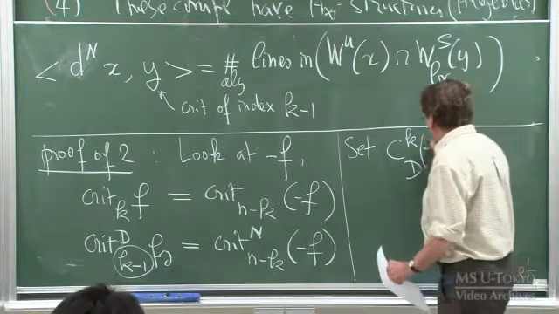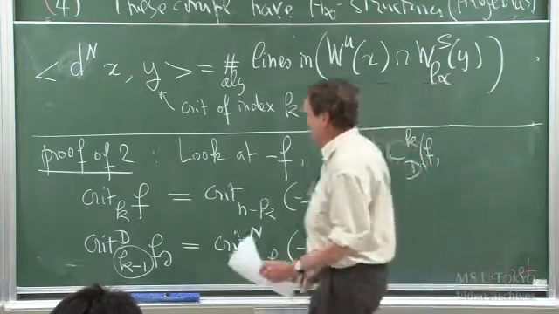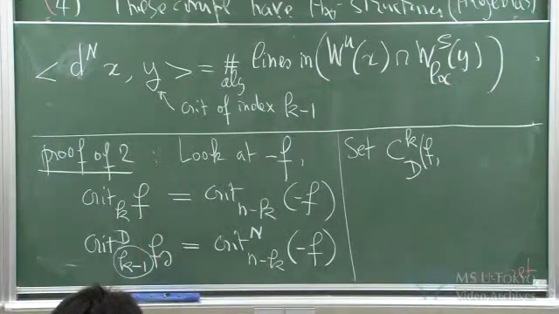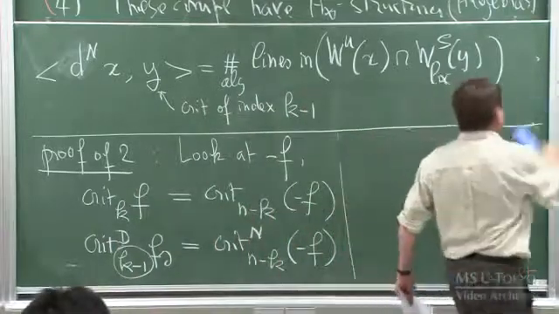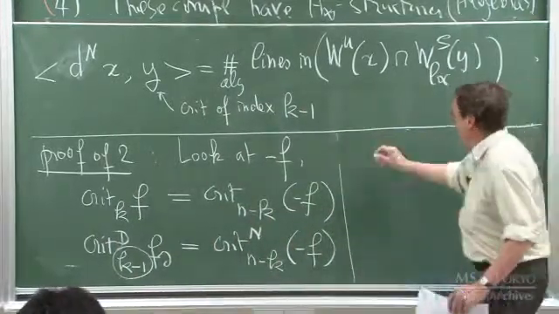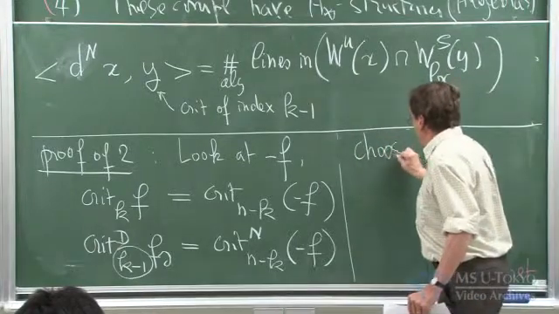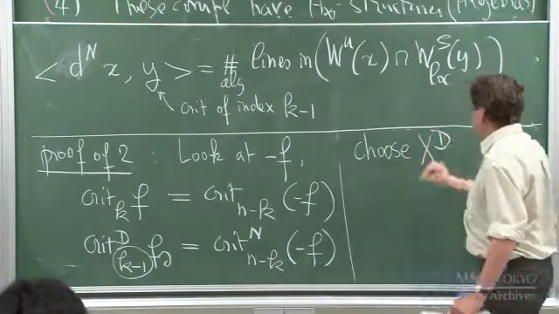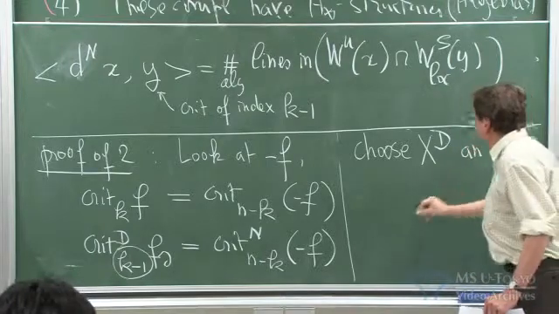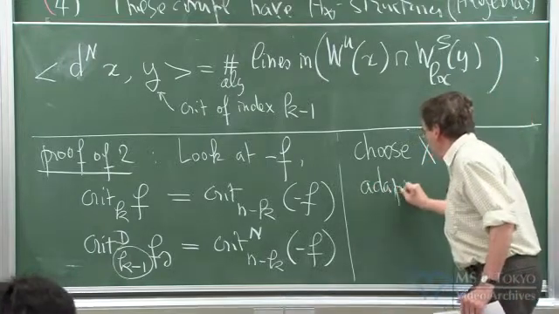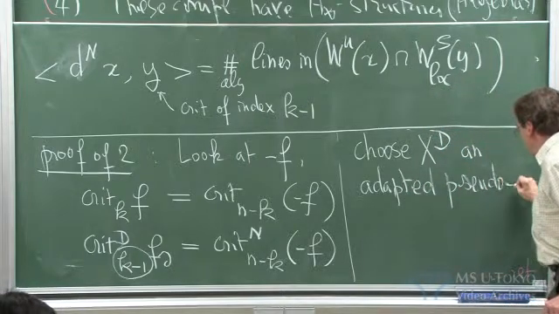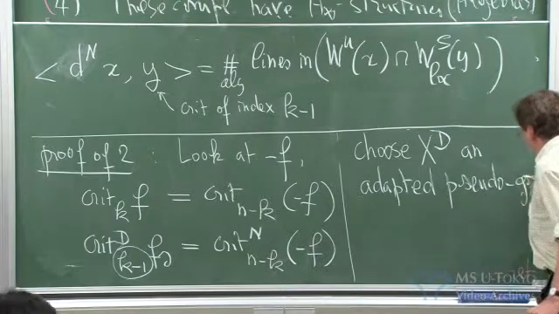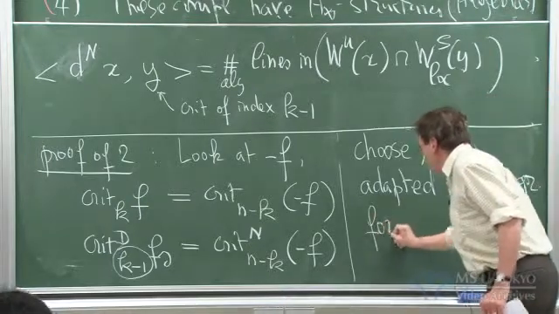I'm sorry, of course, for having a differential, I need a vector field adapted. So you choose X_D an adapted pseudo gradient for the function minus f.